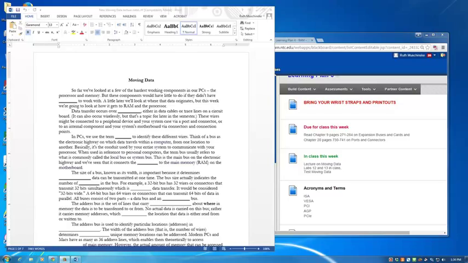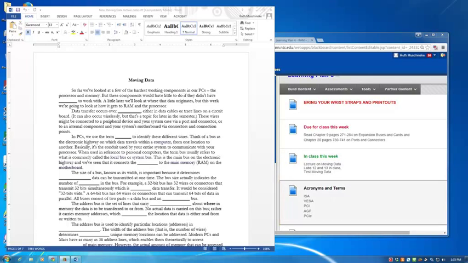The width of the address bus, that is, the number of wires, determines how many unique memory locations can be addressed. Modern PCs and Macs have as many as 36 address lines, which enables them theoretically to access 64 gigabytes of main memory.